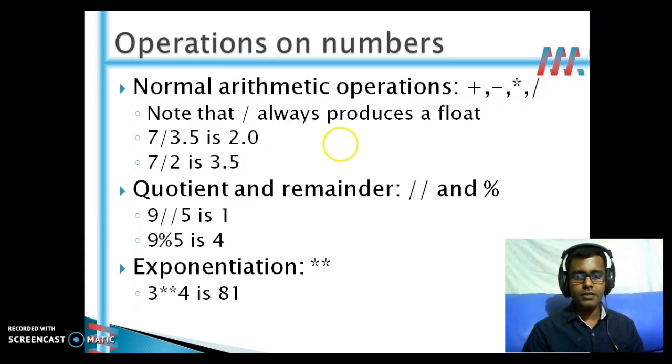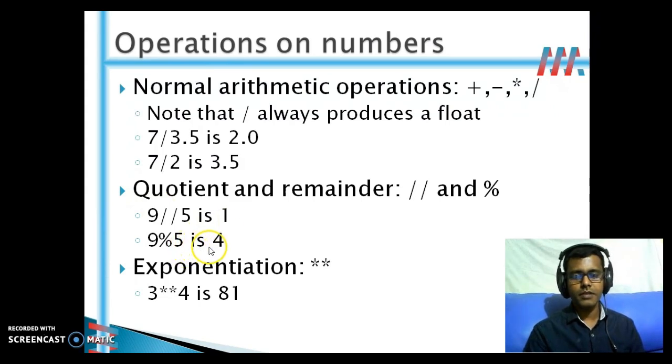Beyond these operators, we have some special operators, that is the double slash and the percentage operator. The double slash will give you the quotient of the division. When you divide 9 by 5, the quotient will be 1 and the remainder is 4. So 9 // 5 is nothing but 1.